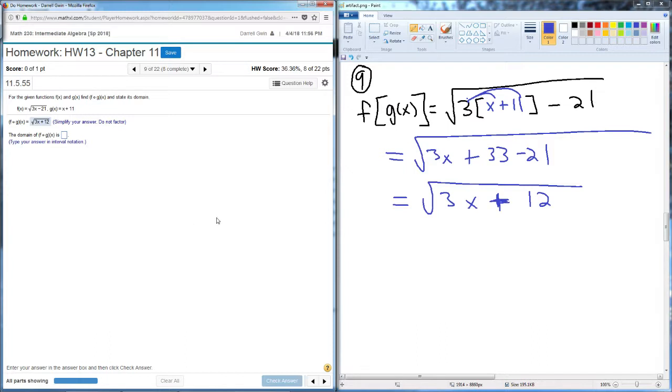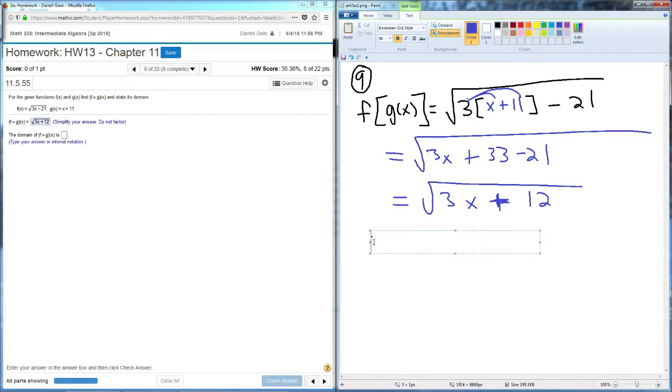What's the domain of this? Basically, what x values can I plug in such that we will not get undefined or imaginary numbers? Basically, everything plugged in must make the radicand 0 or positive.